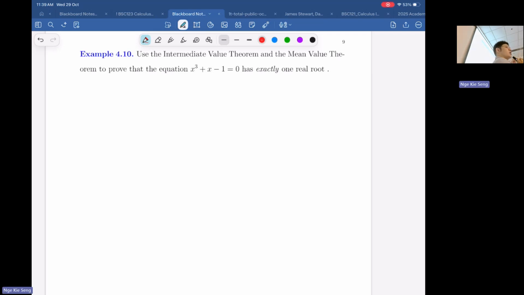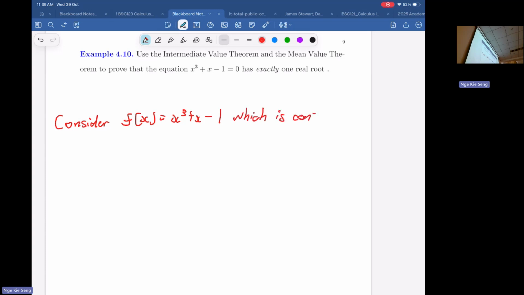Good. So now what's the value you want here? Let's consider your f(x). So let's say this is the function you want to consider. This is continuous everywhere, very nice.